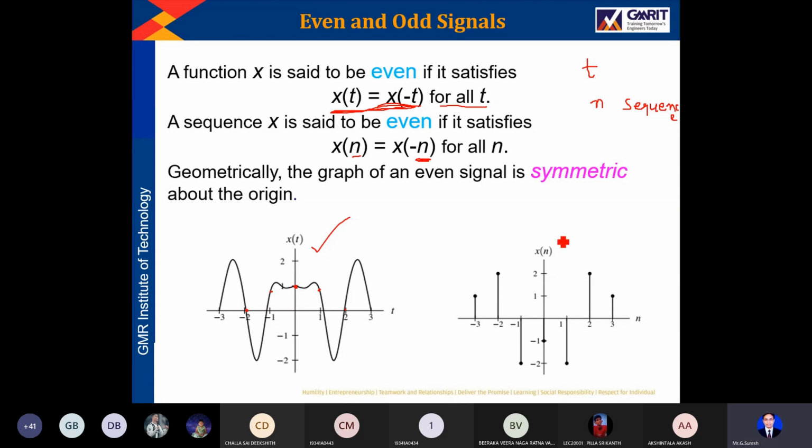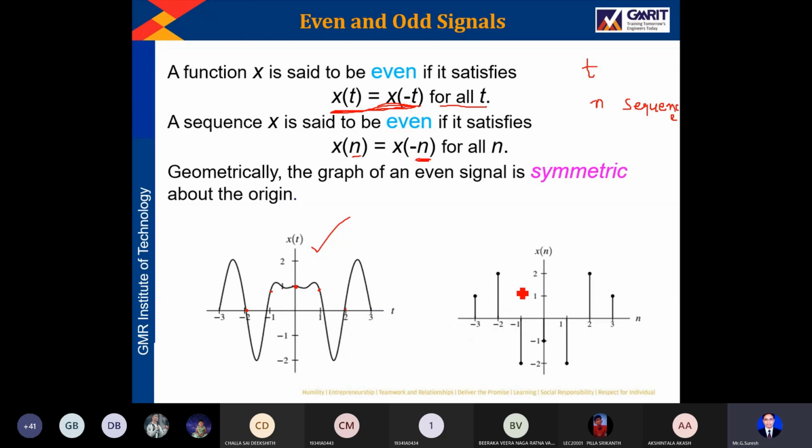Similarly, you can verify it for x of n. For n equal to 1, it should be equal to n equal to minus 1. N equal to 2, it has some amplitude 2, then what is the amplitude at n equal to minus 2? 2 once again. N equal to 3, the amplitude is 1. Then what is the amplitude at n equal to minus 3? It is also 1.